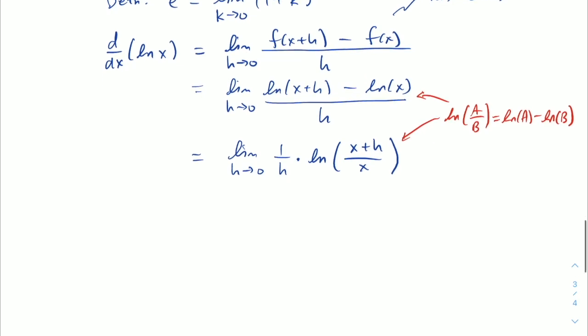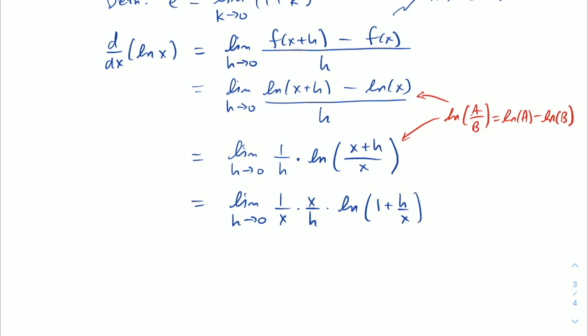Okay, and now I'm going to simplify the inside of the log, and I'm also going to introduce an x. So I'm going to divide by x and multiply by x. And I'm going to write the inside of the natural log as 1 plus h over x.